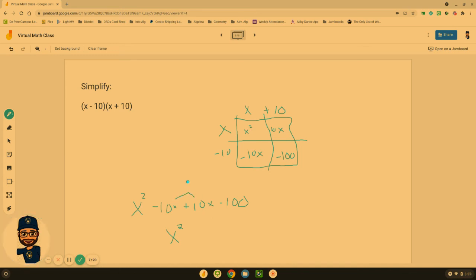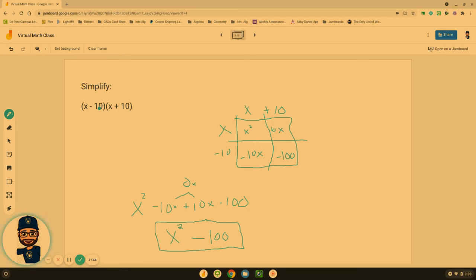Ironically, negative 10 and 10 gives us a 0, and 0 times anything is 0, so we don't even have to write that. It canceled itself out, and we have left subtract 100. So in this special case, that middle term with just the x value canceled out. And this is called a difference of squares.